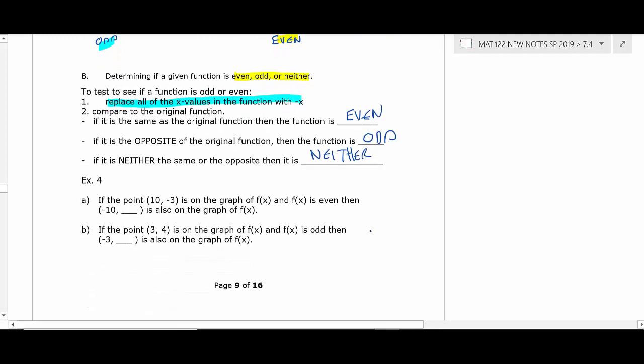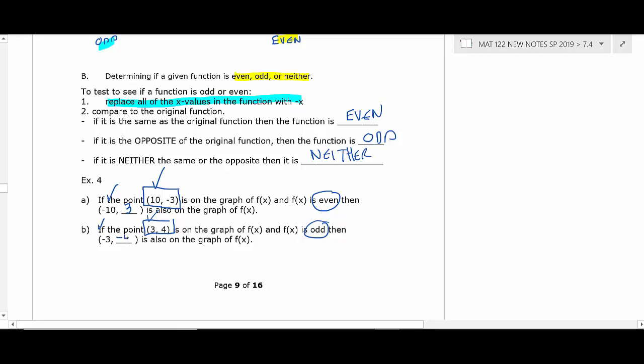Okay, and just a couple of quick illustrations. If you have a point (10, -3) on the graph, and f of x is even, then tell me what the y value would be. Opposite x, opposite y, good. If you have a point (3, 4), and you're odd, if x is opposite, tell me what y is. Okay, y is odd.